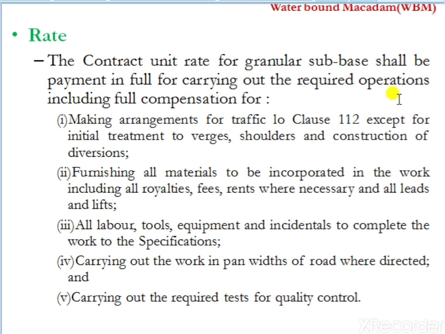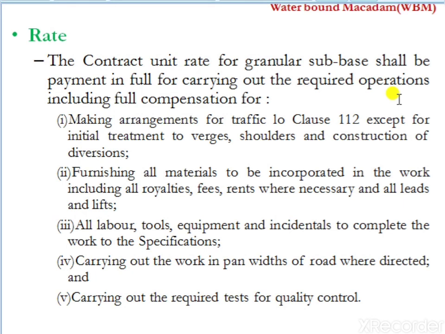So finally, rate. The contractor has to be paid for his work done. How is he paid, on what basis? As I already told you, the contractor will be paid for each work.